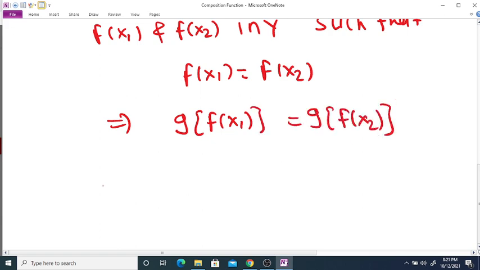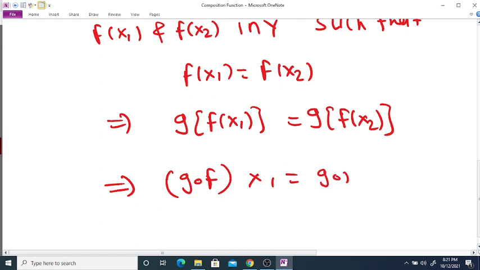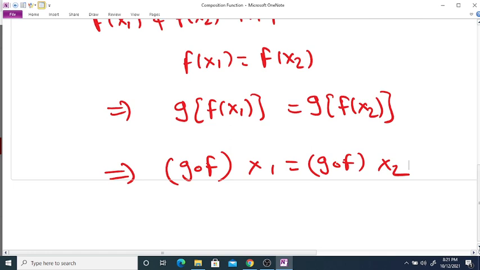So this implies g of f of x1 is equal to g of f of x2.